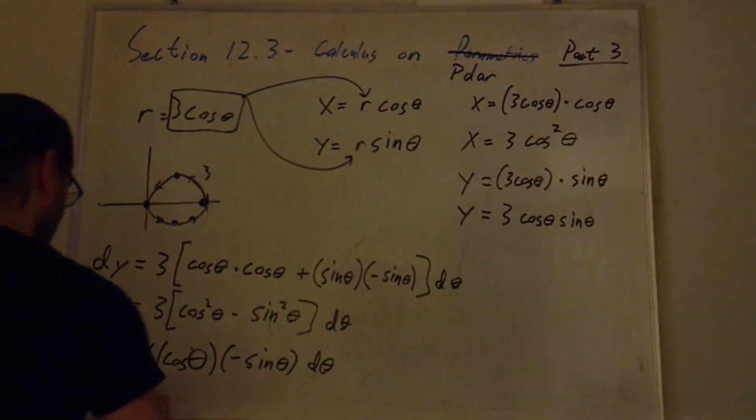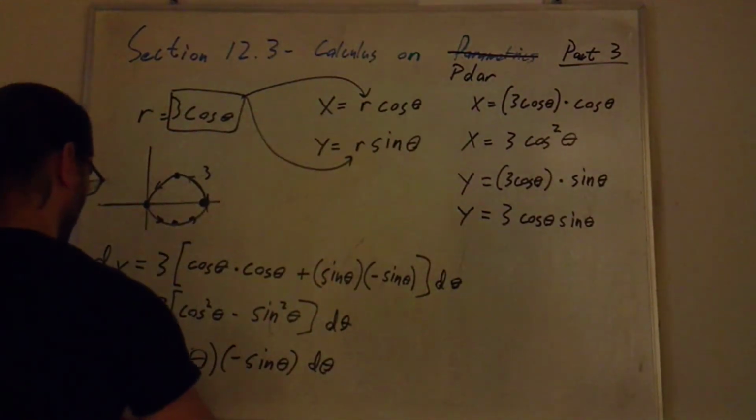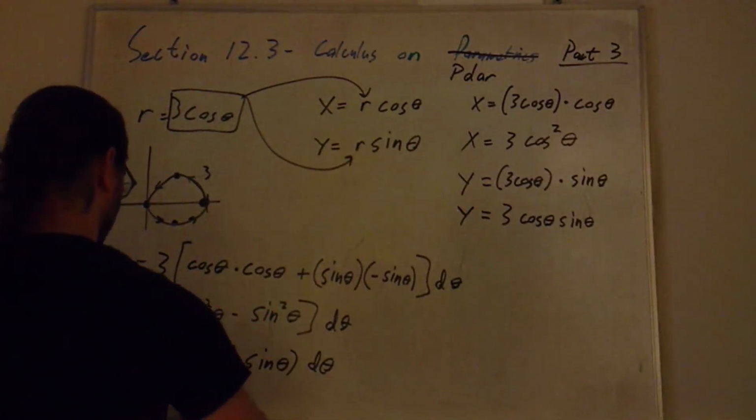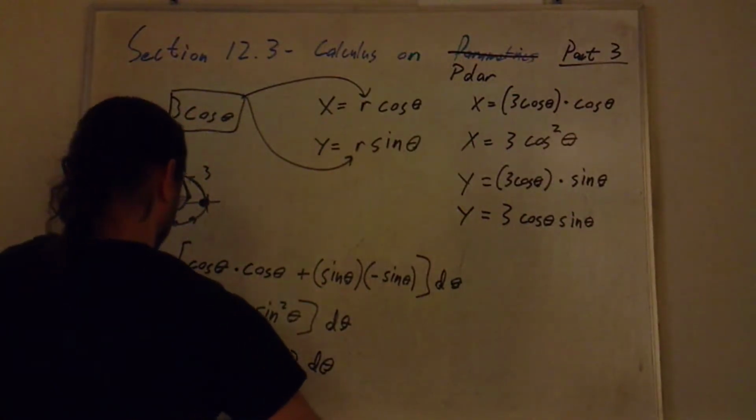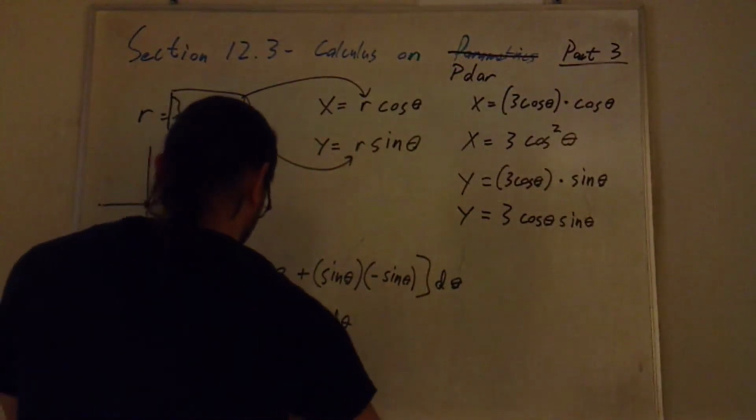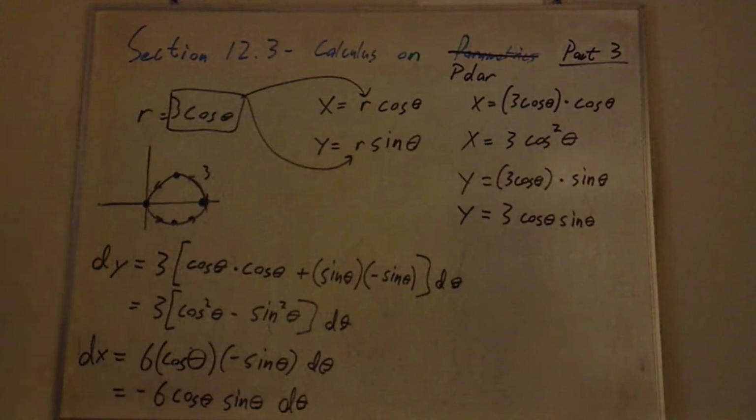So my dx is going to be negative 6 cosine theta sine theta d theta.